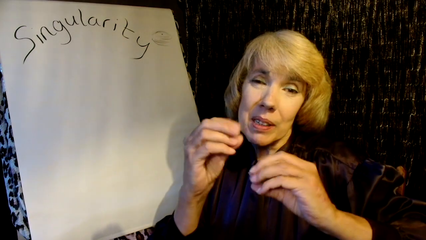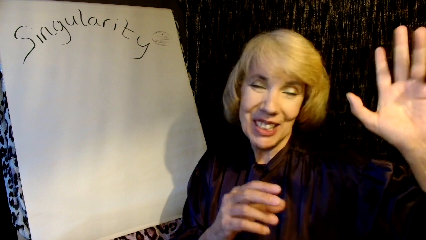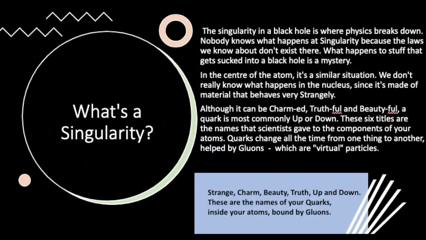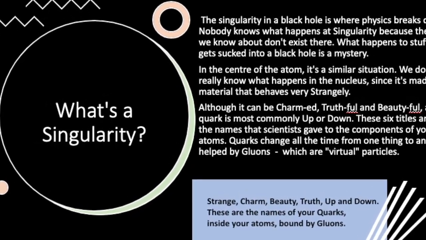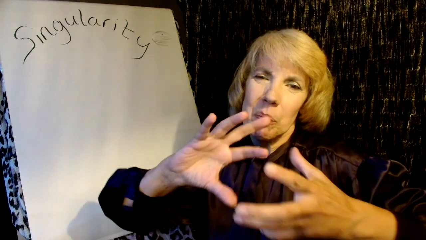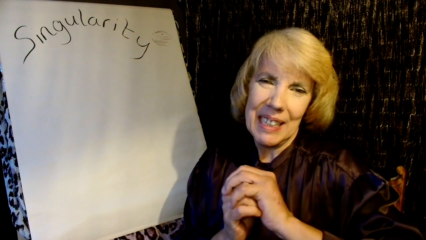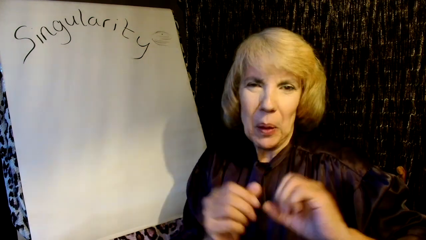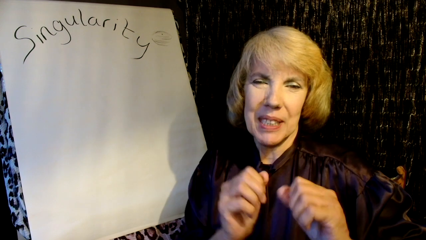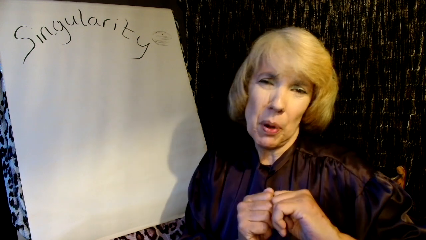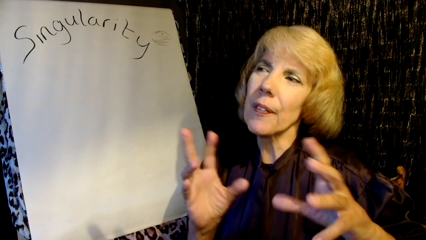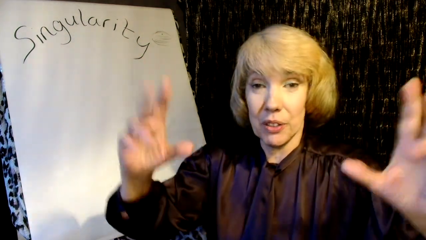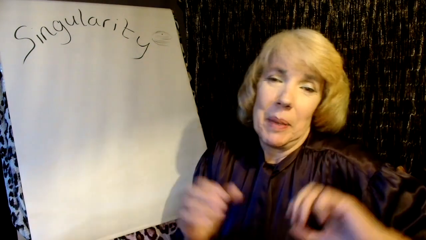These little quarks, these particles, strange, charm, beauty, truth, up and down, are morphing from one thing to the other absolutely constantly, with the help of the gluons which attach them together. So that's what you're comprised of. You are composed of this morphing sea of quarks and gluons, basically, plus electrons and a few other bits.